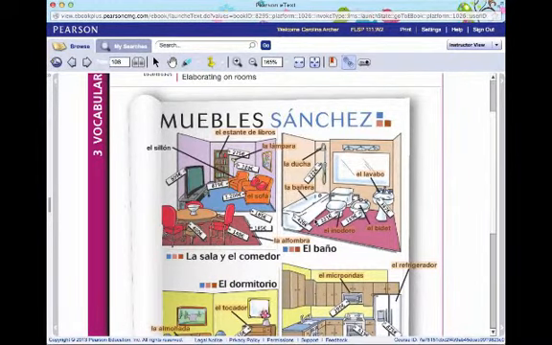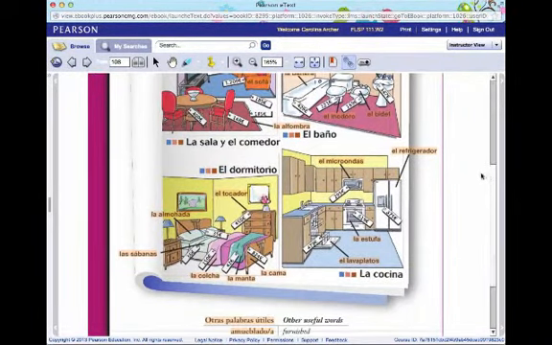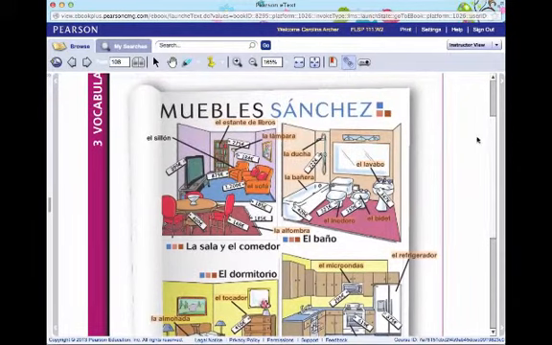Muy bien. En el baño tenemos el lavabo, the sink. El bidet, which is something that you probably have not seen unless you have traveled to Latin America and Europe. El inodoro, the toilet.